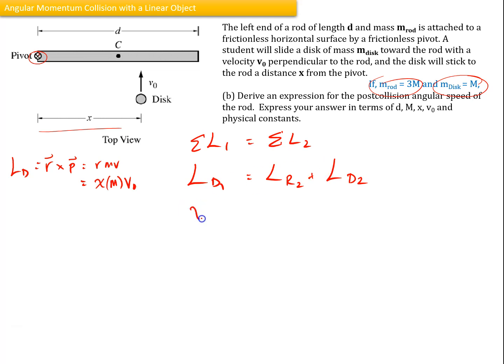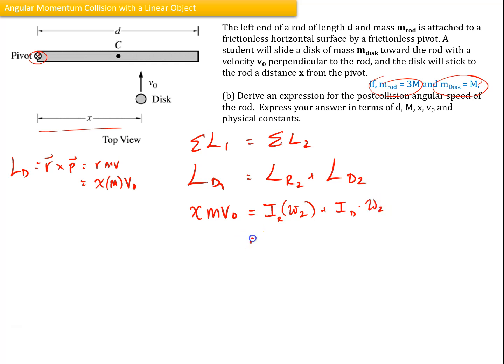So we can expand these. This is just x m v naught equals the angular momentum of the rod, which is its moment of inertia times the angular velocity after they interact, plus, once they stick together, we can treat the disk as a point mass, so its moment of inertia times omega 2 as well.